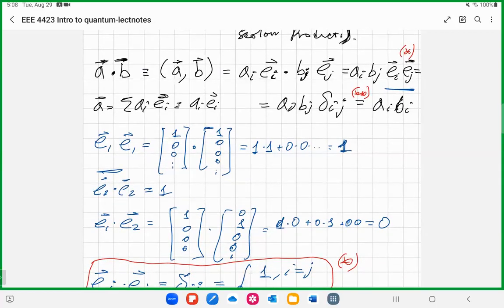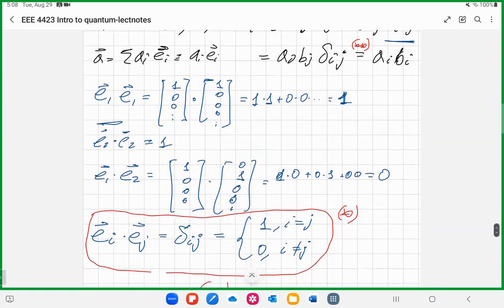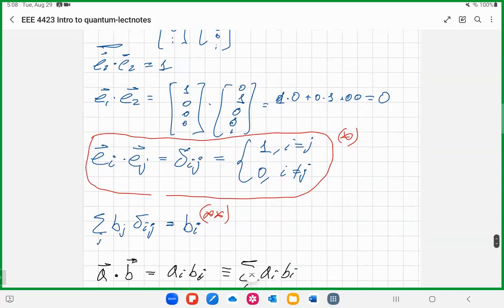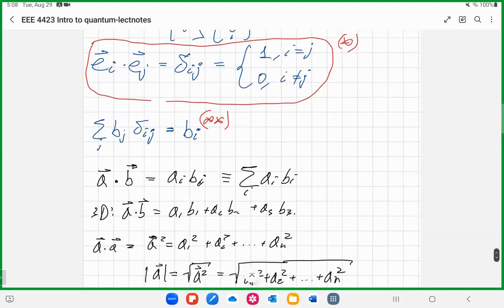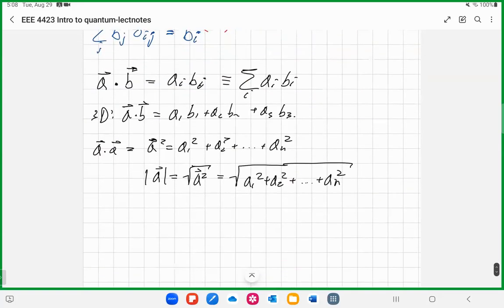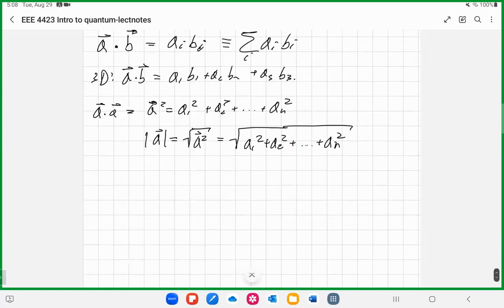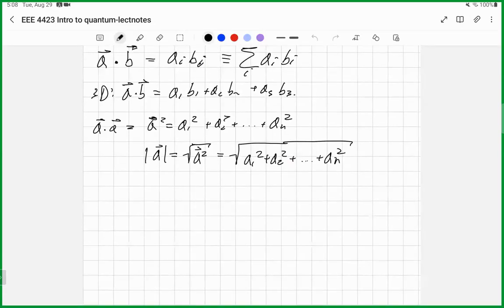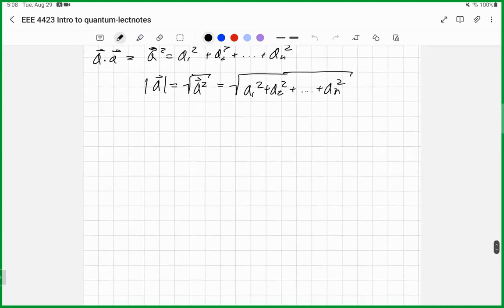If you have two vectors, the dot product is an operation that allows you to get a scalar as a result. And in particular, this operation allows us to find the absolute value or the size of the vector.